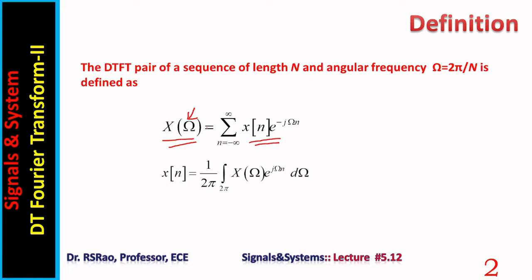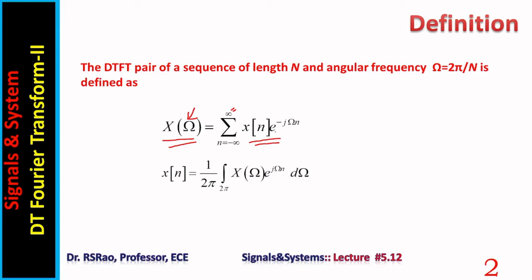X of omega by definition is a summation, sigma n from minus infinity to plus infinity, x of n e power minus j omega n. Notice this can be considered as a forward transform, or transform which converts a time domain signal into frequency domain, or a sequence into frequency domain.